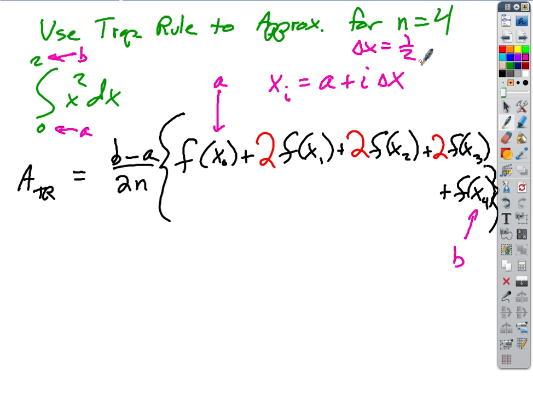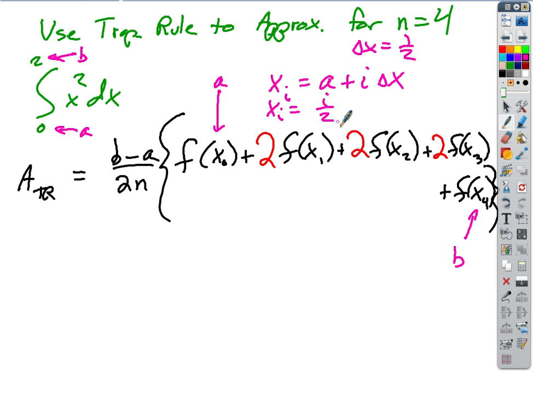And so x sub i looks like 0 plus i times 1/2, which is just i over 2. So x sub 1 would be 1/2, x sub 2 would be 2/2 or 1, x sub 3 would be 3/2, and finally x sub 4 is 2, b, has to be, right?